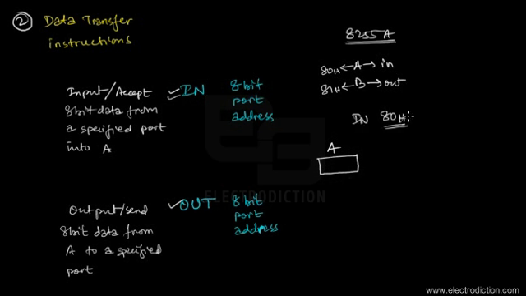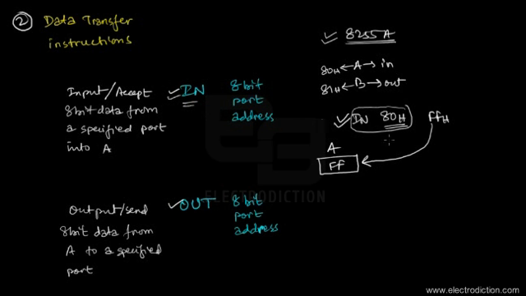Let's say the data byte at this input port is FFH, then this FFH is loaded into the accumulator whenever this particular instruction is executed. So the data from the input port of the 8255A PPI chip is loaded into the accumulator with the help of this IN instruction.